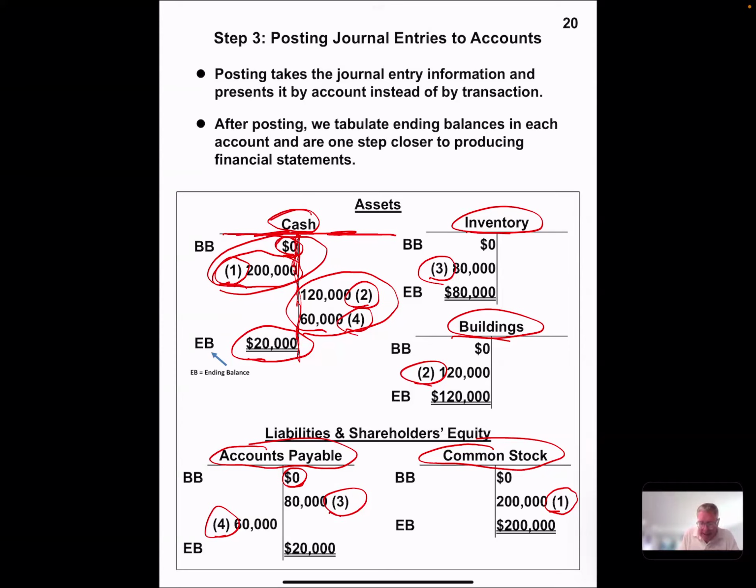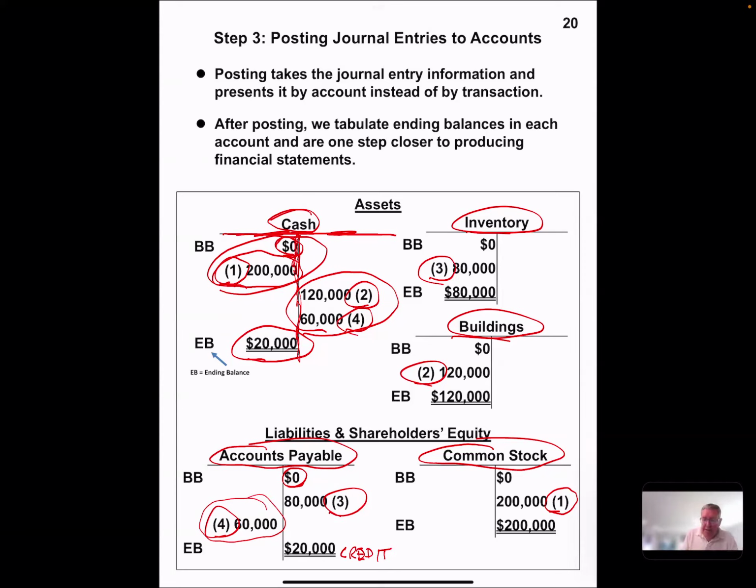And then subtract any transactions on the other side. On the other side, I've got this debit of 60, which reduces the account. So we have 0 plus 80 minus 60, leaving me with $20,000 credit balance. This is a $20,000 credit balance, and that's what we would expect for a liability to have a credit or right-hand side balance. Okay.